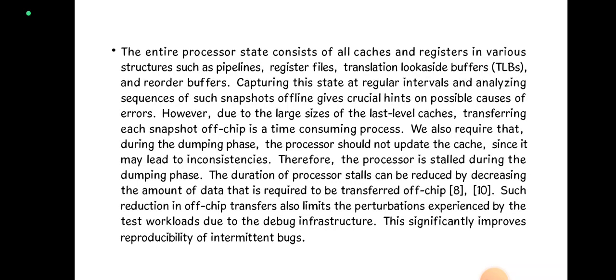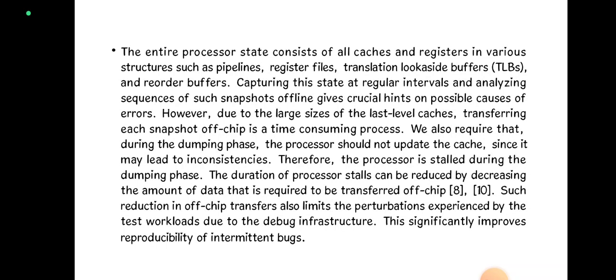The entire processor state consists of all caches and registers in various structures such as pipelines, register files, translation lookaside buffers, and reorder buffers. Capturing this state at regular intervals and analyzing sequences of such snapshots offline gives crucial hints on possible causes of errors.